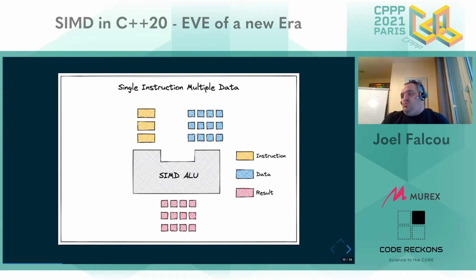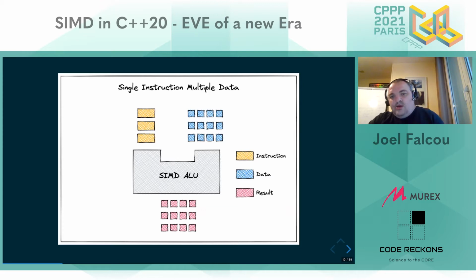And whenever an instruction is issued in this system, it gets applied the same way to all elements of the wide register, and we get a wide register as a result. And if everything goes correctly, what we expect is that the speedup of these systems compared to the other one is basically something along the lines of the width of the registers, or the number of lanes, like we said.